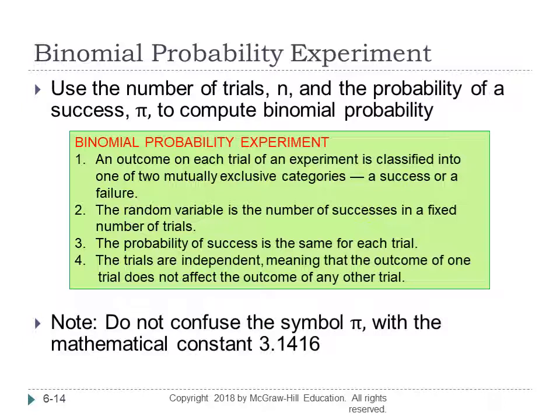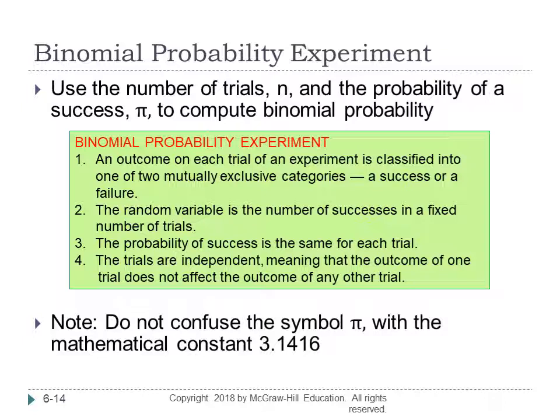The number of successes could be 0, 1, 2, up to n, the number of trials. The probability of success is the same for each trial, and the trials are independent, meaning the outcome of one trial does not affect the outcome of any other trial.